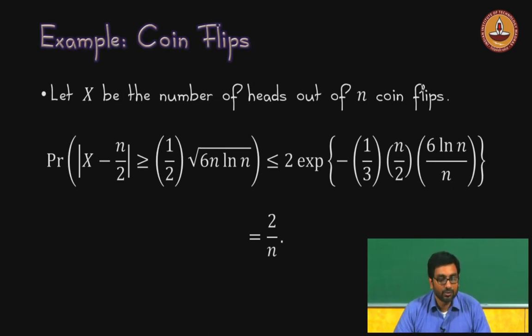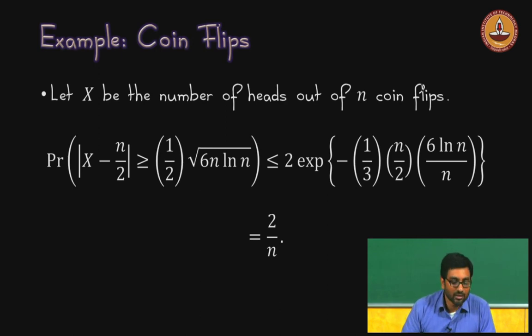The only thing I want to point out now is how the Chernoff bounds that we have seen so far fare with respect to coin flips. This is the example that we have seen. Here we are going to ask, so x is the number of heads out of n coin flips. So, this is essentially the binomial distribution, and since we know even how to handle sums of Poisson trials, we can actually handle the binomial distribution, which is just a special case.